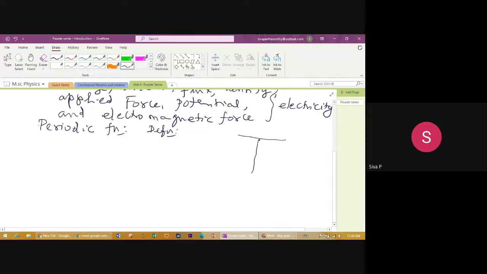If one pendulum is there, and then you move it from this side, and then that side, and then this side. So one length of this pendulum motion is called one period. One complete rotation of this pendulum is that period.